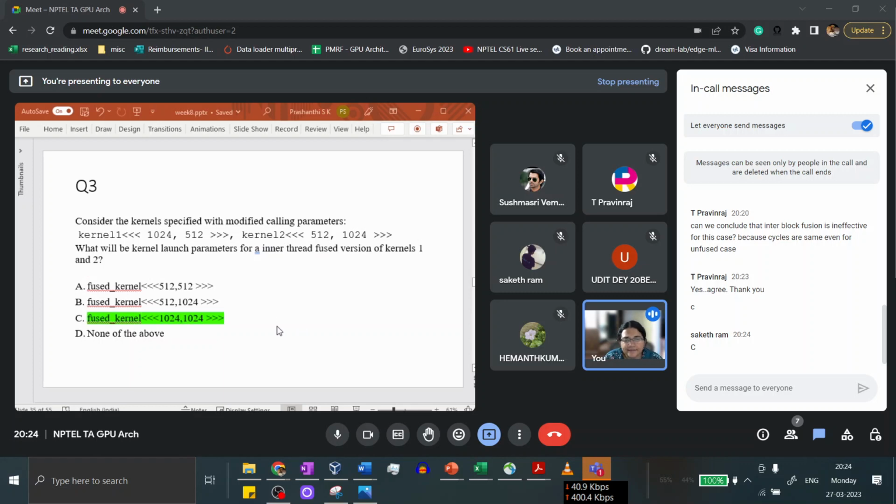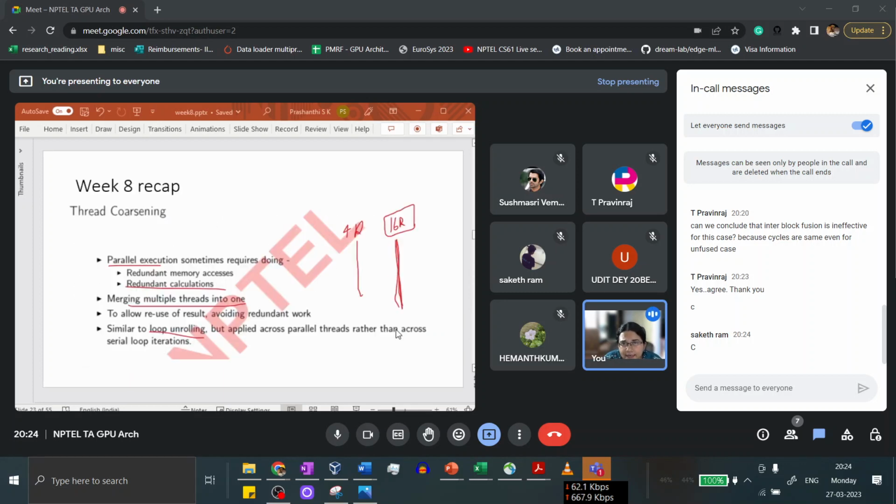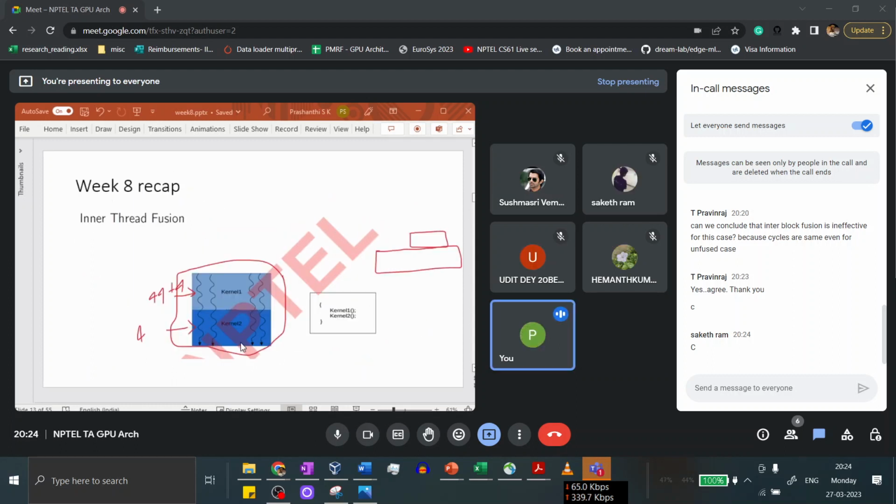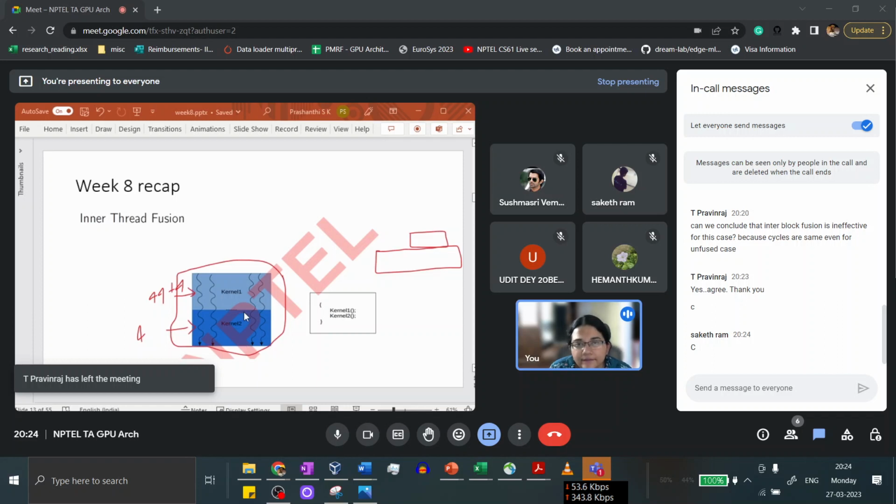It is C, 1024, 1024. For people who don't understand why, let's go back to the inner thread fusion. This is how inner thread fusion looks, right? You have your kernel 1 and kernel 2, and the same number of threads work across both of them. One thread will be doing the activity of kernel 1 and also kernel 2.